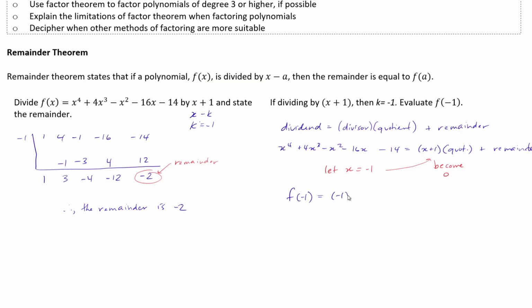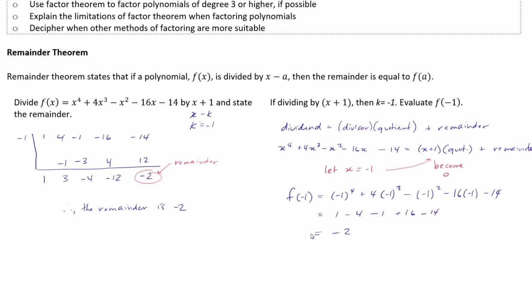So negative 1 to the power of 4 plus 4 times negative 1 to the power of 3 minus negative 1 squared minus 16 times negative 1 minus 14. When we put in all those numbers, we get 1 minus 4 minus 1 plus 16 minus 14. And when we evaluate that, we get negative 2.